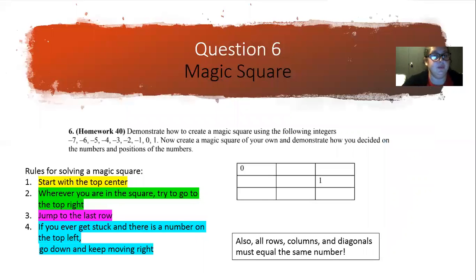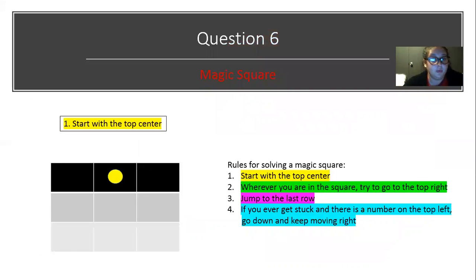All right, we're going to move on to this magic square. Here are the rules for the magic square. It's going to make it so much easier when solving them. We're going to start with number 1. It says start with the top center. So where this yellow dot is, that's where you're going to try to start in every magic square.